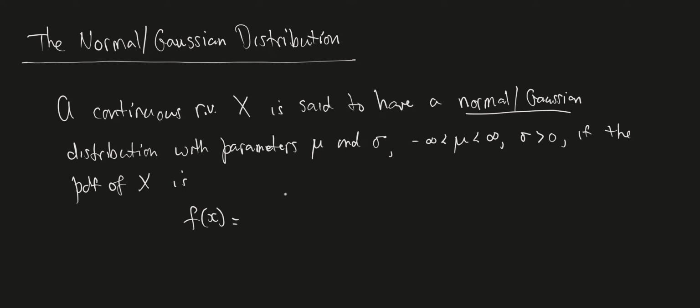I'm going to write this as 1 over the square root of 2 pi, where the 2 pi is under the square root, and then times sigma, that's the standard deviation. And then what comes next is an exponential, right? In fact, they sometimes refer to it as Gaussian. So it's an exponential function, but there's quite a bit of expression.